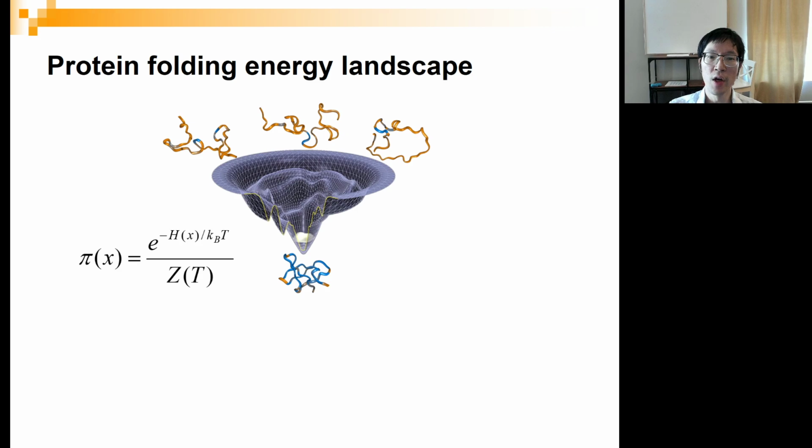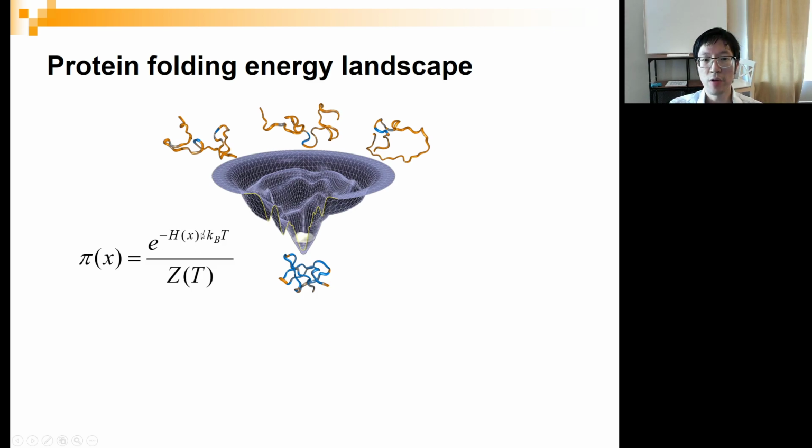The stable conformation at the bottom is generally associated with the lowest energy state that the sequence of amino acids could assume in 3D structural form.